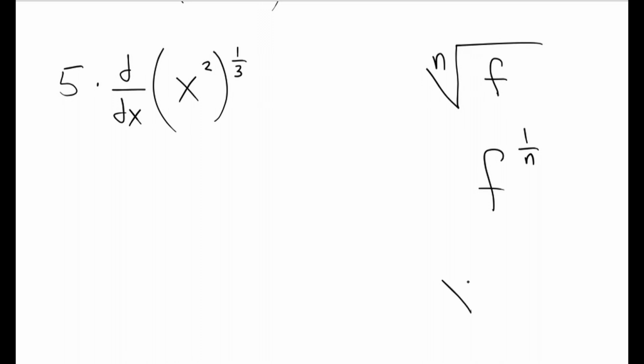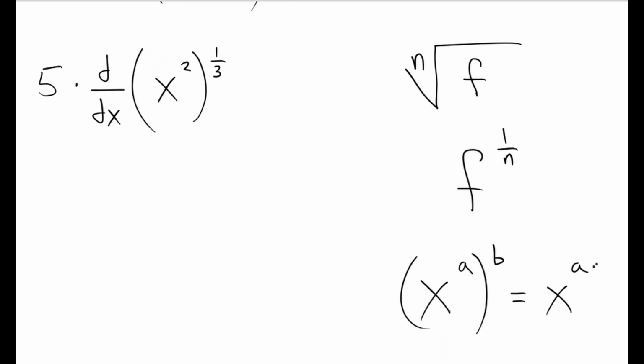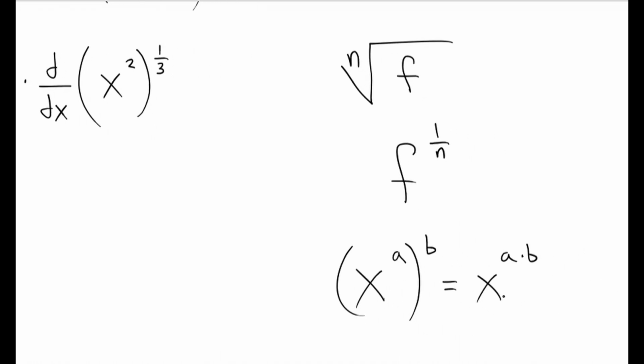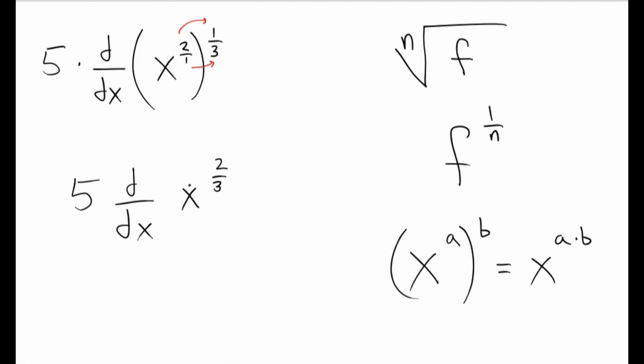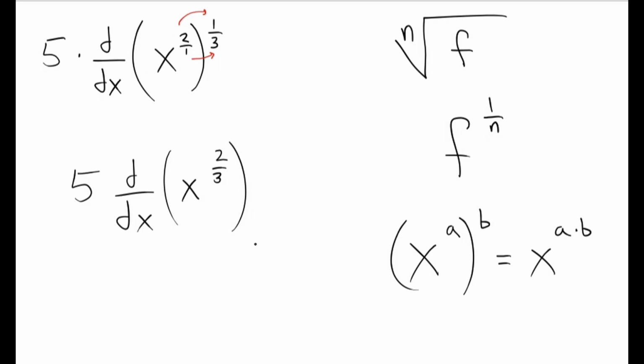There's a rule where you have something raised to an exponent and you raise that to another exponent, where we multiply the exponents together. So I figured, okay, we've got 2 over 1 on the inside, 1 over 3 on the outside. We multiply the tops times the tops and the bottoms times the bottoms to finally arrive at x to the 2/3. You want to do the power rule now on x to the 2/3.